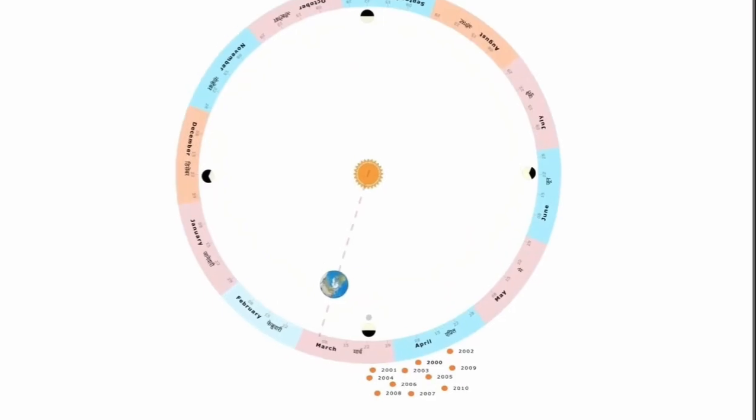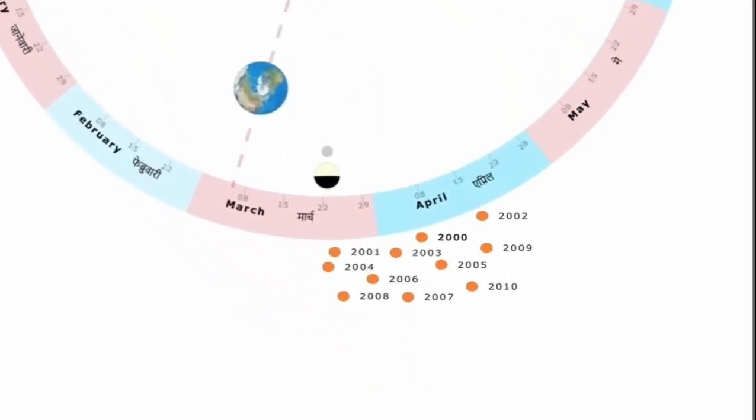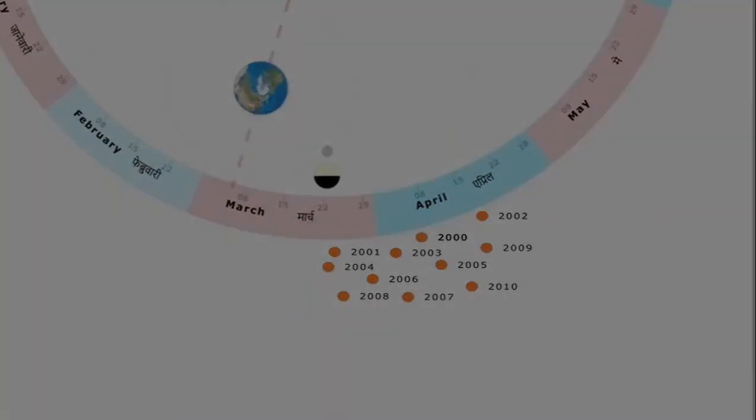As a result, here are the dates when the new year as per lunisolar calendar starts from year 2000 to 2010, pretty much between 15th of March and 15th of April.